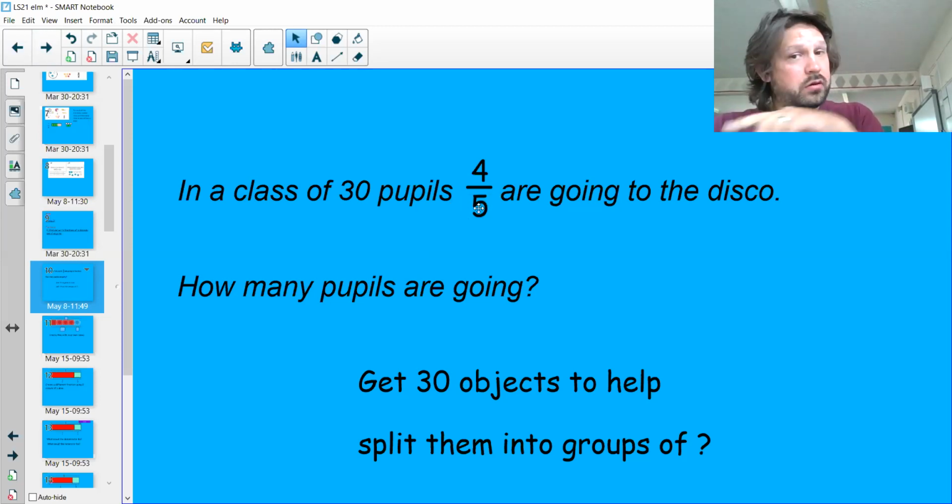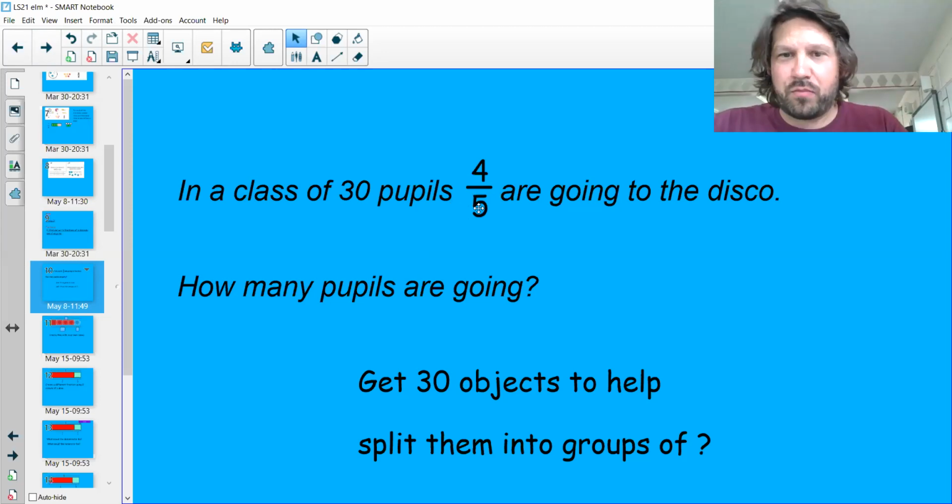So 4 out of the 5 groups are going. The denominator is always the groups that we're talking about. So there are 5 groups in total, and 4 of those 5 groups are going to the disco.